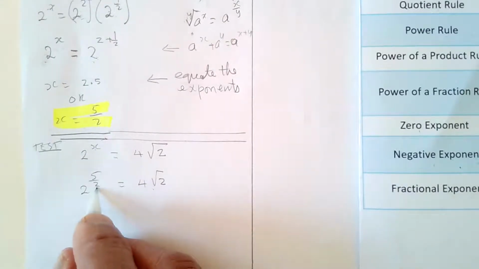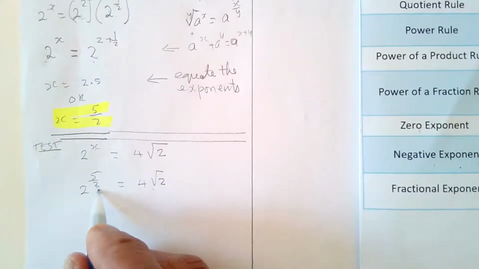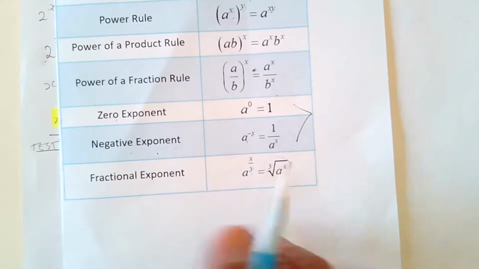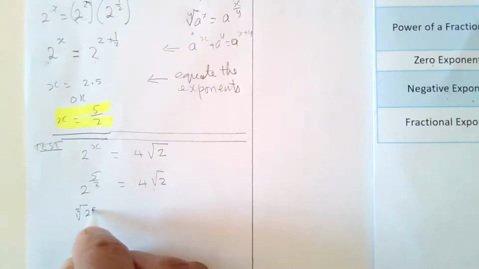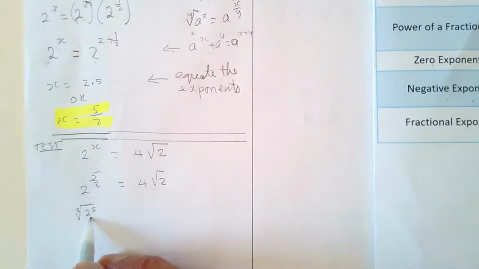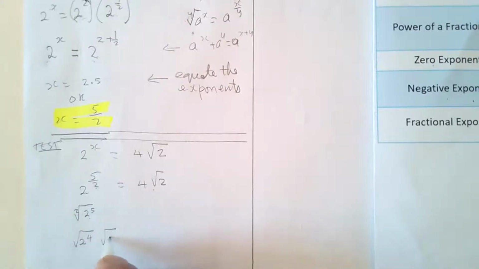Now, we are going to use our fraction exponent rule, so we're going to convert it into a root. So this becomes the square root of 2 to the power 5. Now, this could be broken down: 2 to the power 5 is 2 to the power 4 times 2.